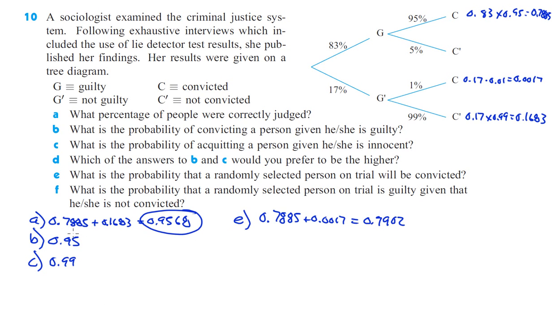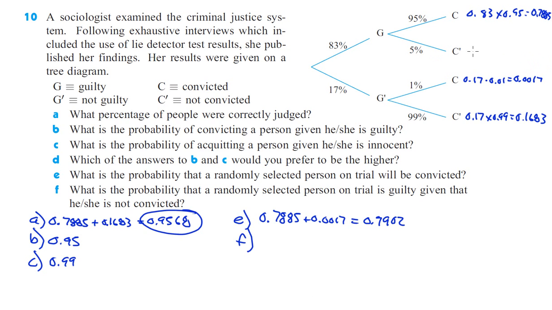And then F. What is the probability that a randomly selected person on trial is guilty given that they are not convicted? So it's going to have to be this one here, right? Oh, okay. So here's the guilty people that are not convicted.